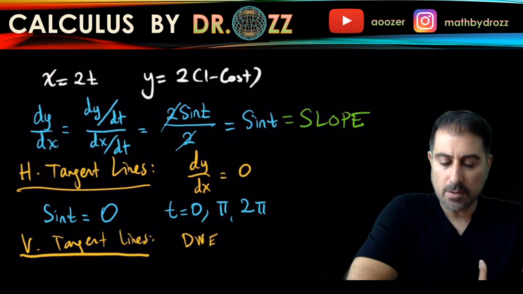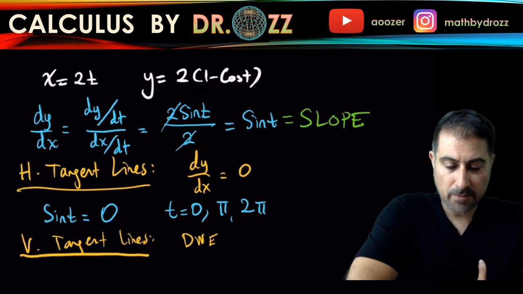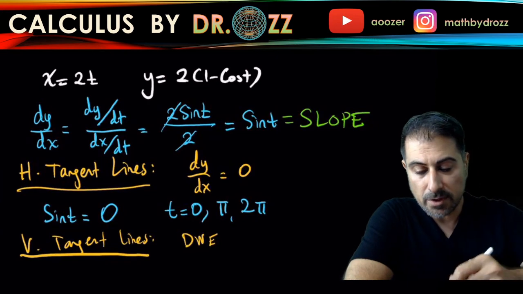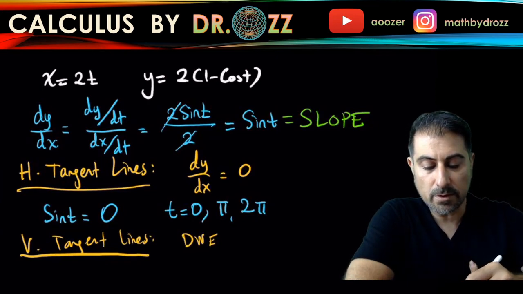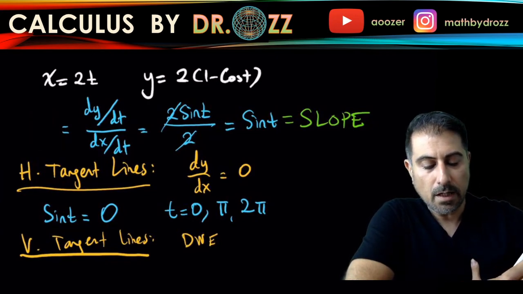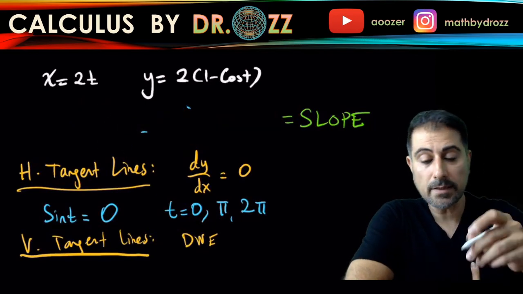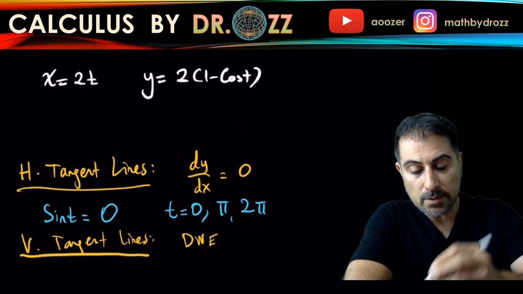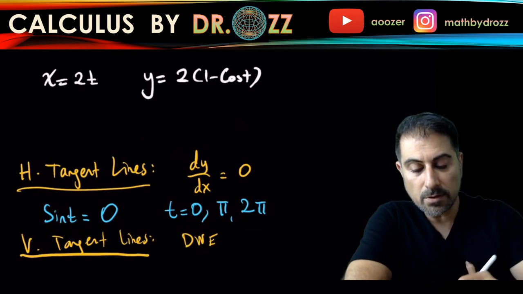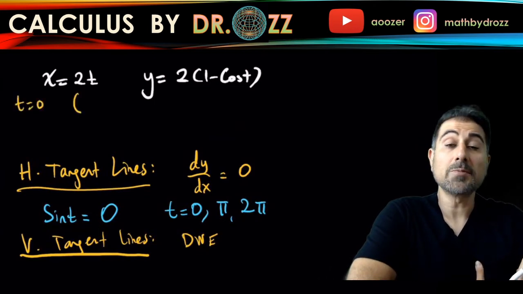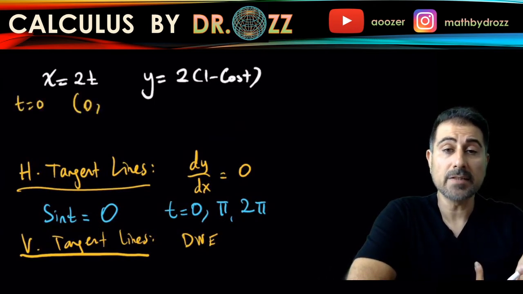We found the t values, so let's go ahead and find the points corresponding to those. For t equals 0, you can work on plugging in 0 for t in x and y. You have the point 0 and 2 times (1 minus cosine 0).